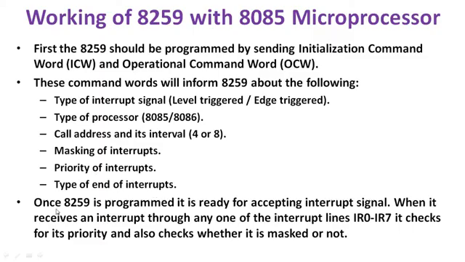The next point is, once 8259 is programmed, it is ready for accepting interrupt signals. When it receives an interrupt through any one of the interrupt lines IR0 to IR7, it checks for its priority and also checks whether it is masked or not. So suppose IR0 to IR3 are enabled and IR4 to IR7 are disabled, and suppose IR4 has been made high, then the 8259 will check whether IR4 is enabled or disabled. If it is disabled, then it will not take further action on IR4.